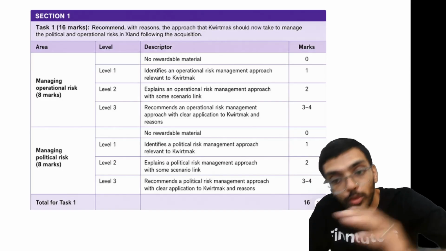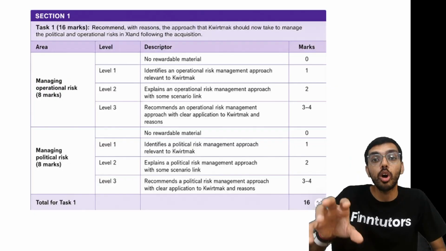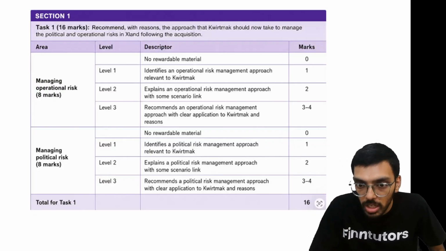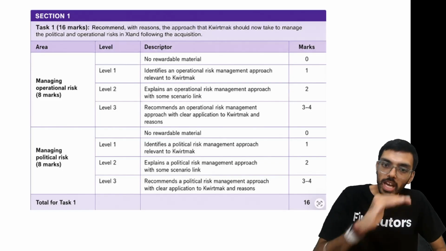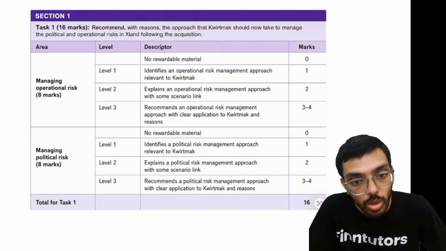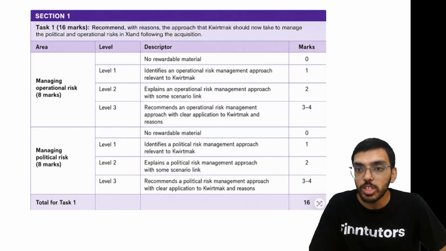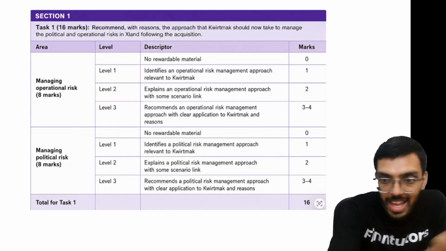Same way you'll then move to task 2, which was about arguments for treating cybersecurity as a strategic issue. After task 1 is completed, that's only half the job. So you see, this exam is not about learning everything that's there in the textbook. Was any of this there in the textbook?